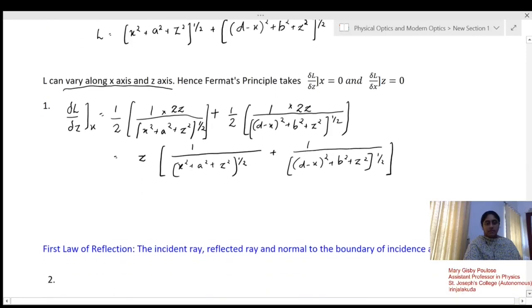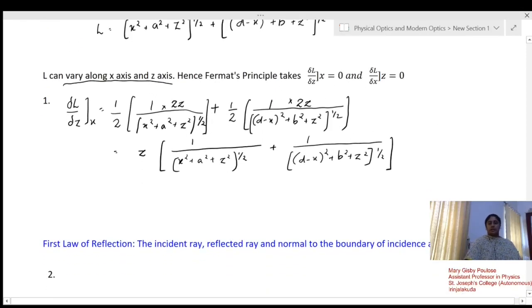Now, according to Fermat's principle, this product term is equal to 0.